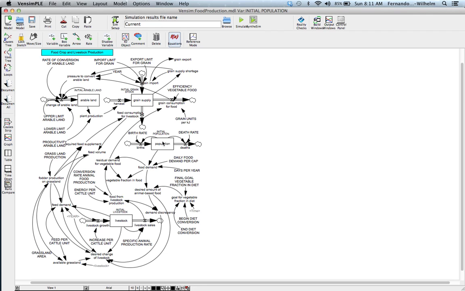Now, before I go into the dynamic, let me look at the targets for the goals in the vegetable fraction and diet. There's a couple of variables here. There's a begin diet conversion, which is the year at which the diet conversion is supposed to begin. This is going to be done over a period of time.